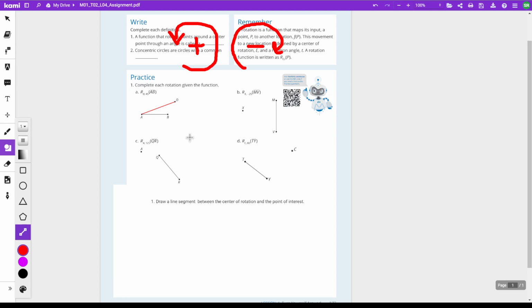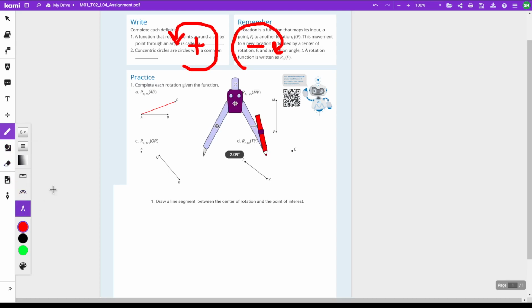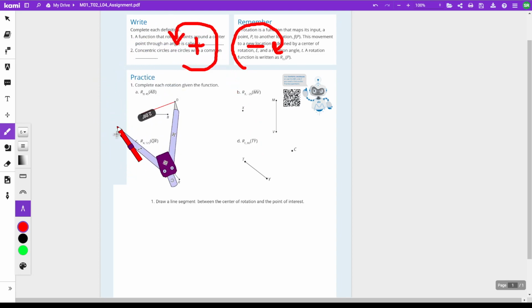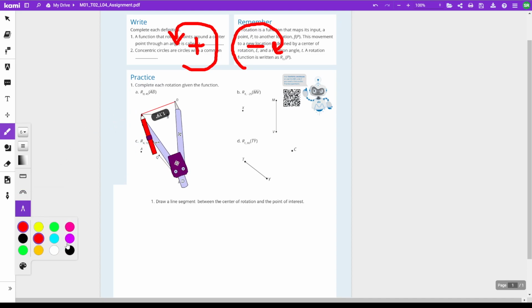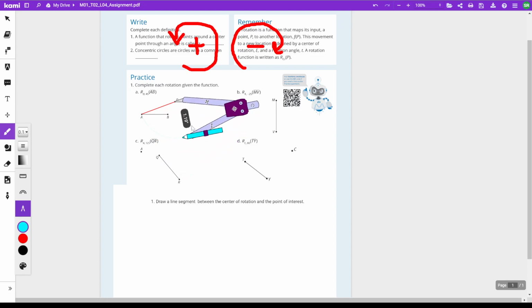Now, whenever a point is rotating about another point, it's going to follow a circular path. And so I can show you the path that this point A is going to take using a compass. Right? I will line this up here. And then I will make this blue, and then we can see the path that this point can take.